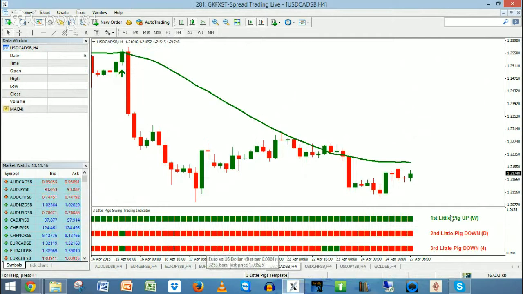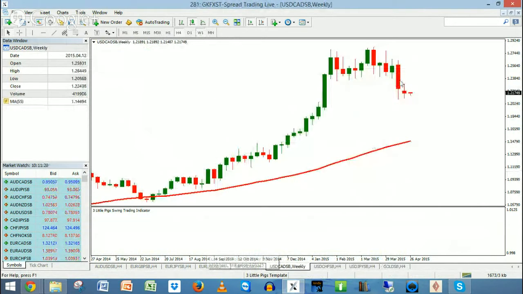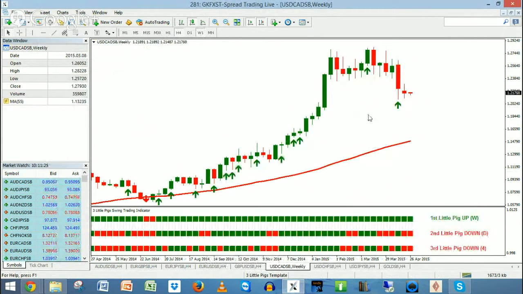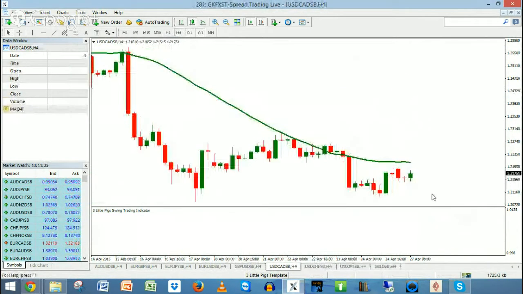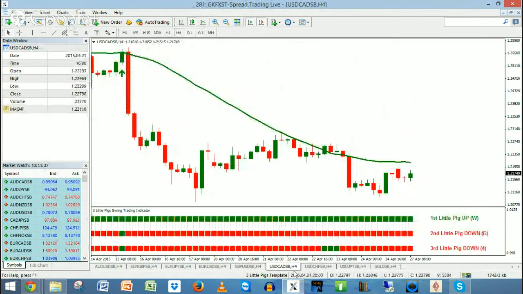So the weekly's up and the daily's down, and similar pattern. Look how far away we are from the moving average. All we can expect is trades to the upside here when the daily catches up, and then the 4 hour also gives us a signal.